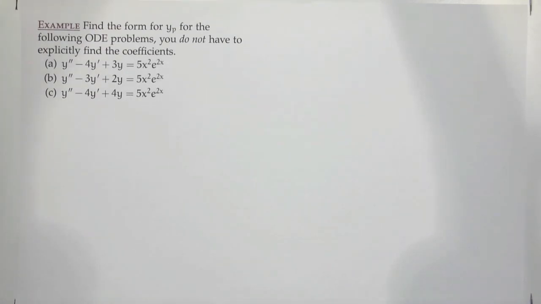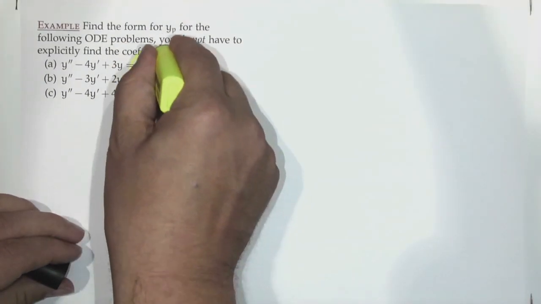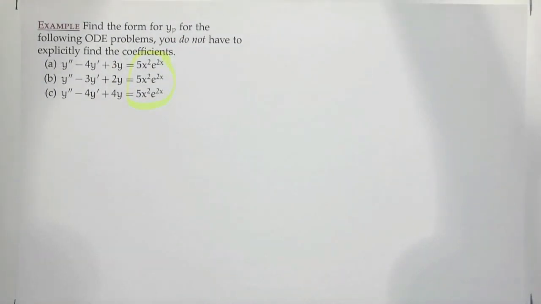All right. So find the form, y sub p, for the following ODE problems. You do not have to explicitly find the coefficients. We're just trying to say, hey, what does our solution need to look like? You might notice they share a lot in common. They all have the exact same right-hand side.